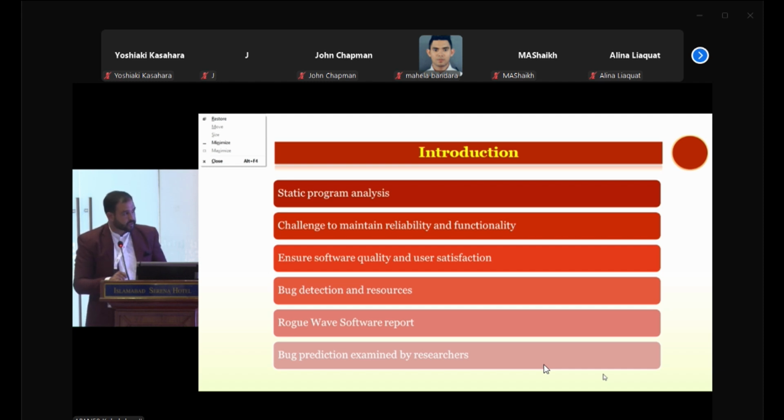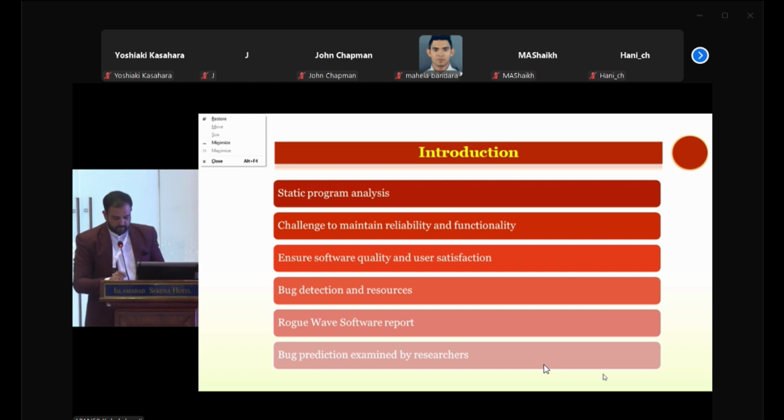Bug detection takes a lot of resources. Various tools in static program analysis address this issue, but many lack robustness, primarily relying on manually defined patterns. The process of bug fixing is also time consuming. As reported by the Rogue Wave software report, developers allocate half of their time to debugging.